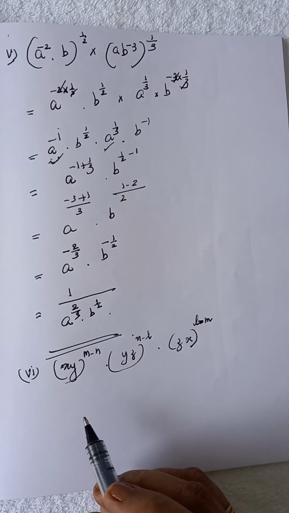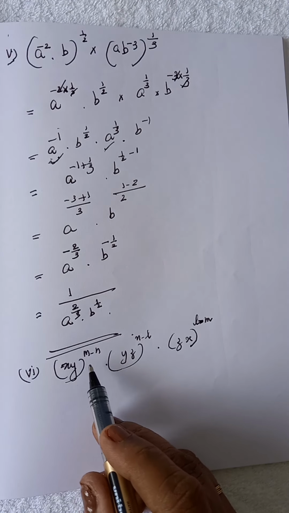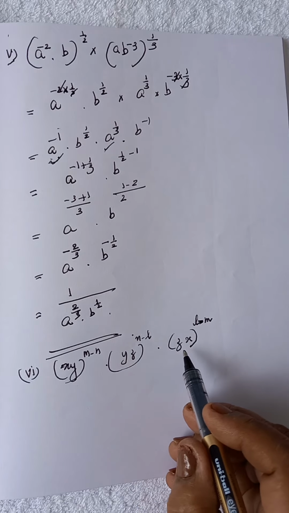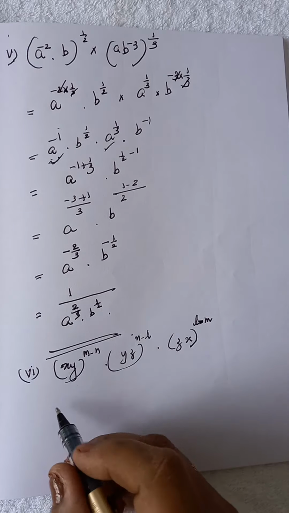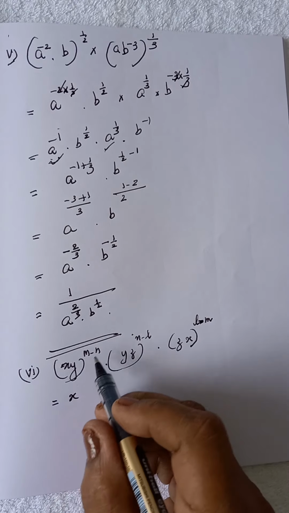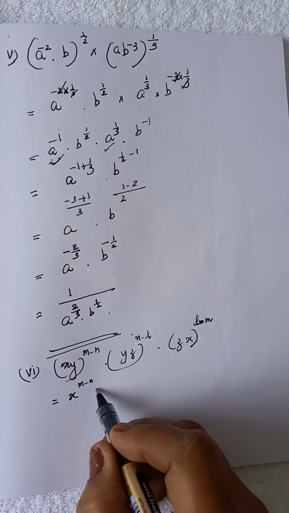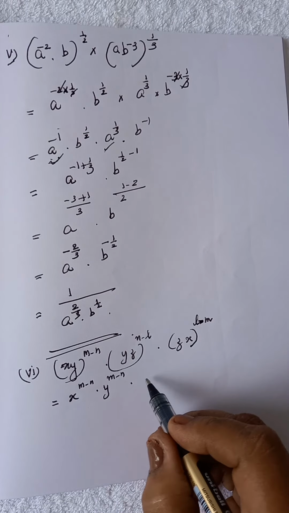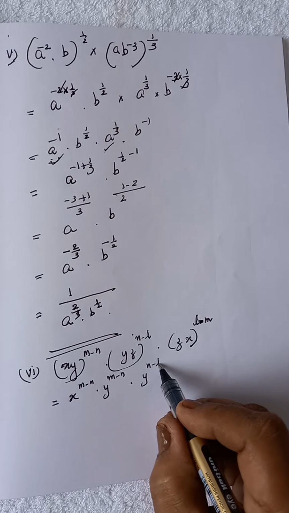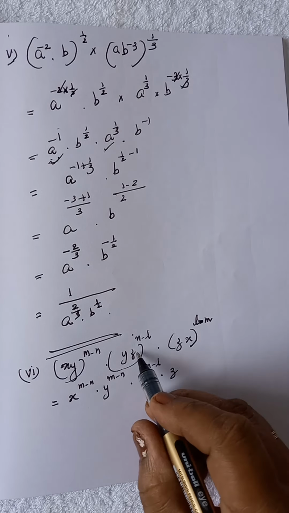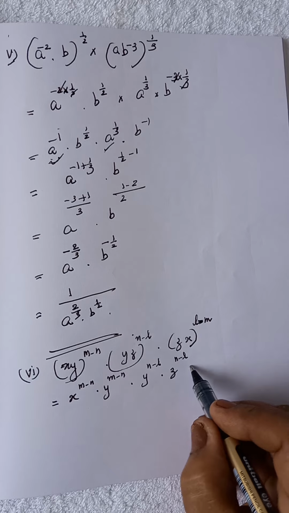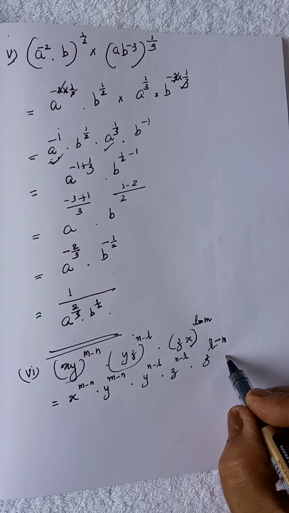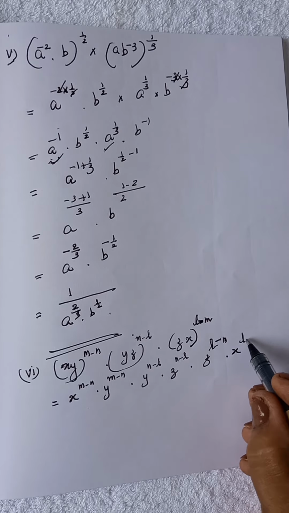Now the sixth sub-question is xy raised to m minus n into yz raised to n minus l into zx raised to l minus m. So this can be written as x raised to m minus n into y raised to m minus n into y raised to n minus l into z raised to n minus l into z raised to l minus m into x raised to l minus m.